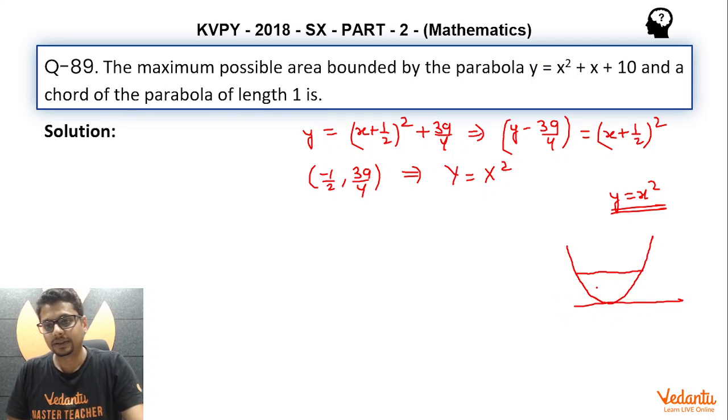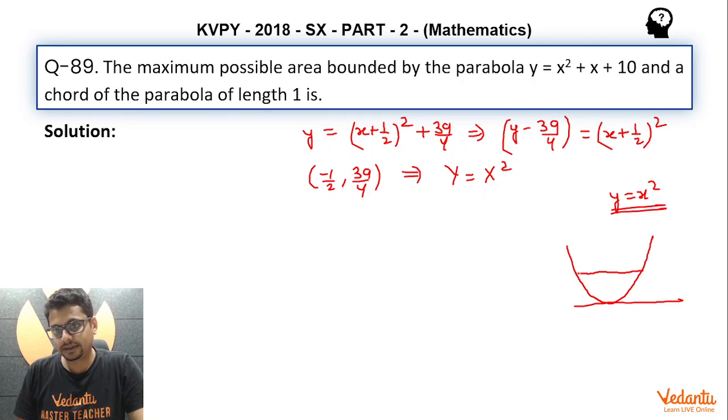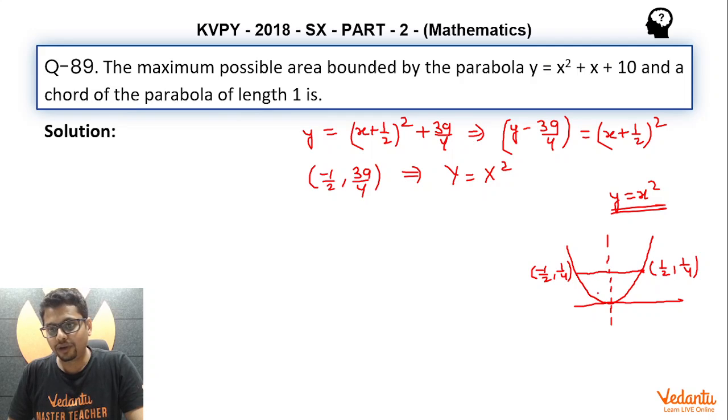So that means, since this chord is of 1 unit length, and as per symmetry, I can say this point is supposed to be half comma 1 by 4, and this point is supposed to be minus half comma 1 by 4. And this area would be what? This area would be essentially the area of this rectangle minus the area under this parabola above the x-axis.